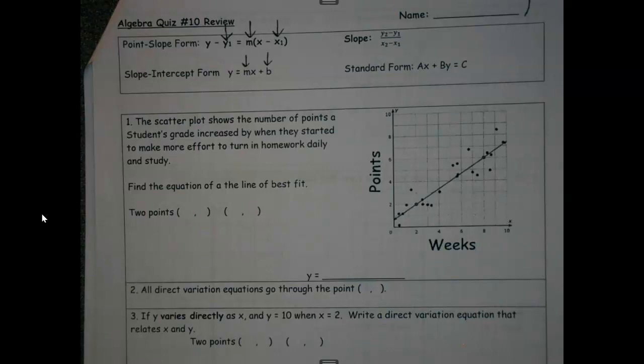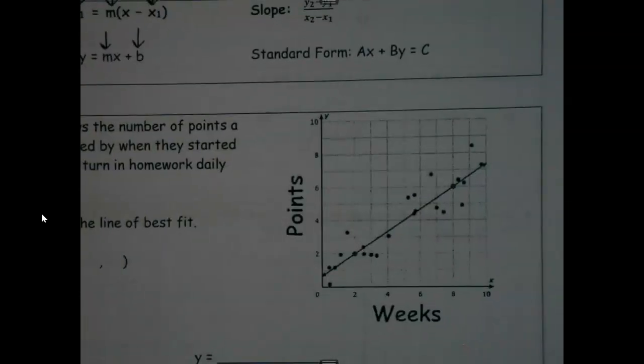The line is drawn. What we need to do is try to find points that are going through intersections. So I'm going to zoom in a little more here for a second.